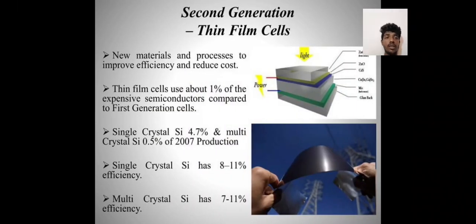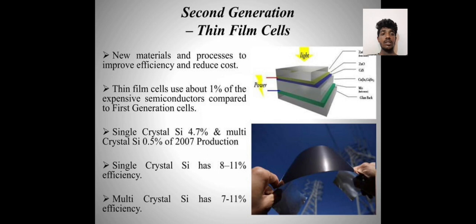Second generation thin film cells. New materials and processes to improve efficiency and reduce the cost. Thin film cells use about 1% of the semiconductor compared to first generation cells.